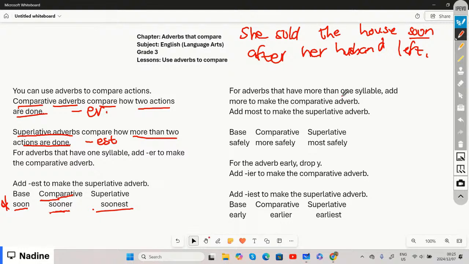But now, if we have more than one syllable, whether it is for the superlative adverb, so if we have, for example, more than one syllable, right?